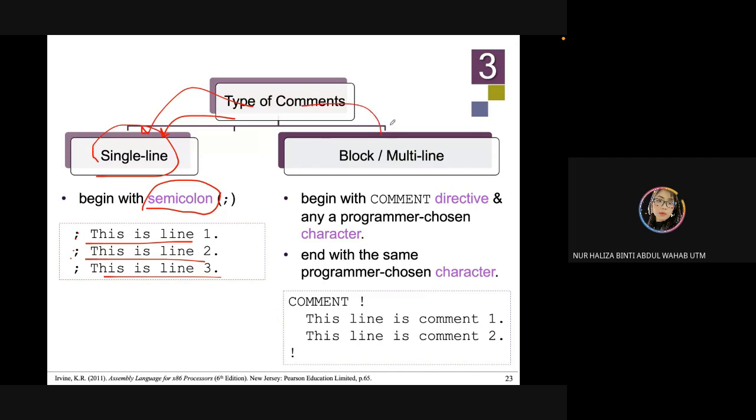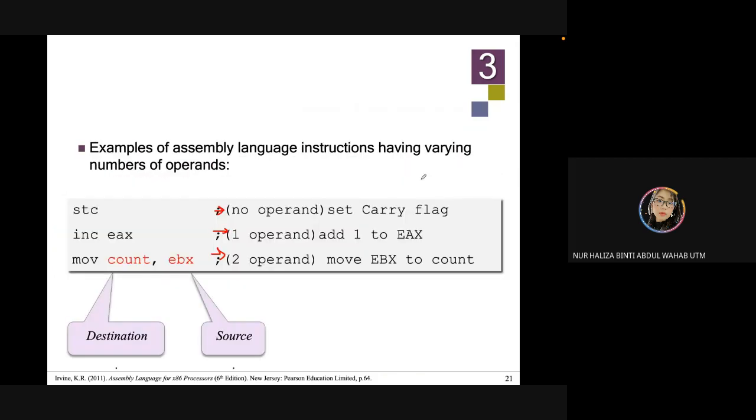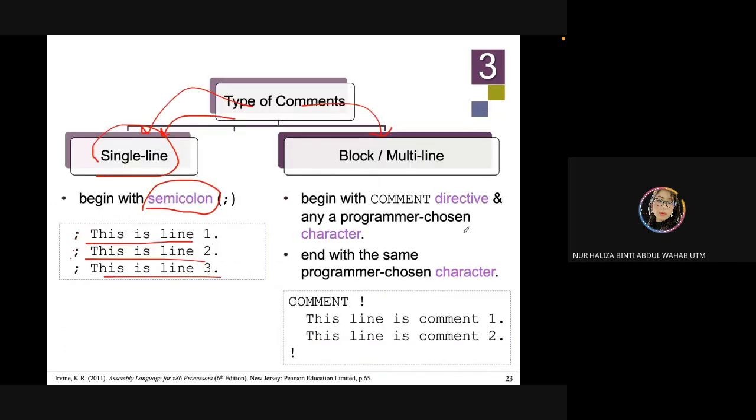Second, you can see here block or multi-line. You want to put many lines at once. Sometimes a single line is not enough, it is too long for you to put a comment. So that's why you can have a block or multi-line comment. You want to type a long comment. How do you represent it?